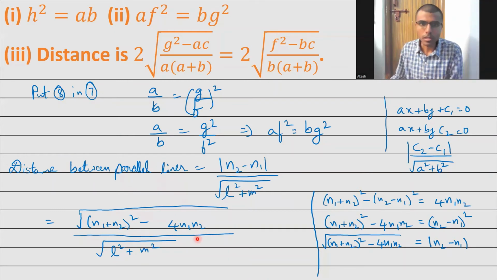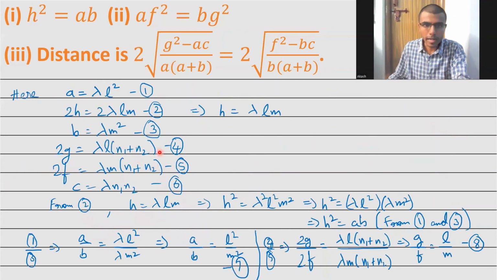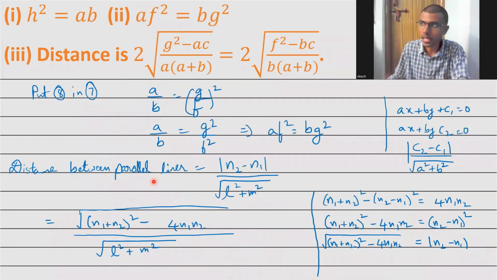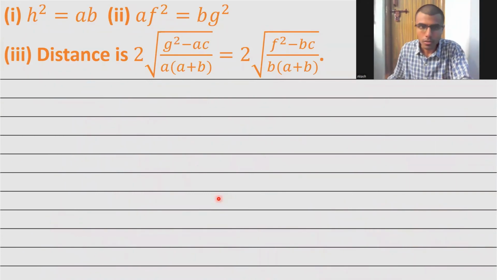Okay. Now this is a critical step. Understand. In place of n1 plus n2, I can write n1 plus n2 as 2g by lambda L, from equation 4. And from equation 5, n1 plus n2 is nothing but 2f by lambda M. So I can take any of them. That's where two options come into the picture for n1 plus n2. So I can write it here.